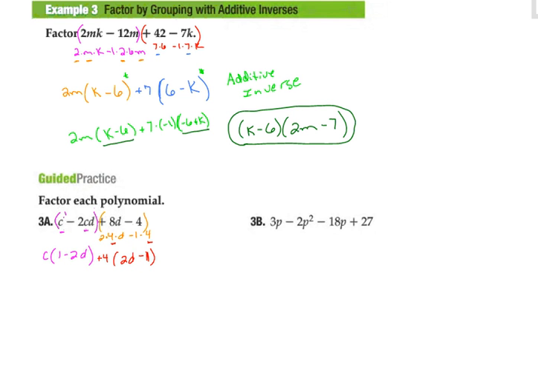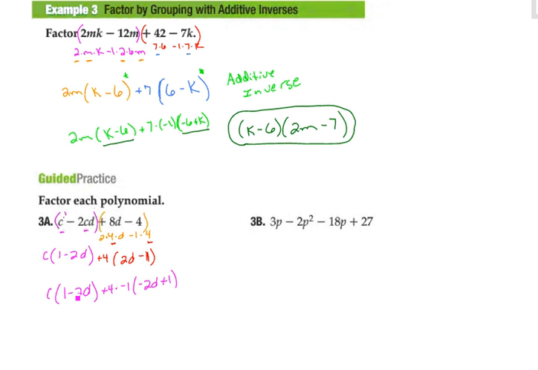So I'm going to leave my c, 1 minus 2d. But what I'm going to have to do right here is say that I'm taking out a -1 as well. And by doing that, I'm changing the sign. This 2d becomes negative. That -1 becomes positive. Does that help me out? Yep, it does.